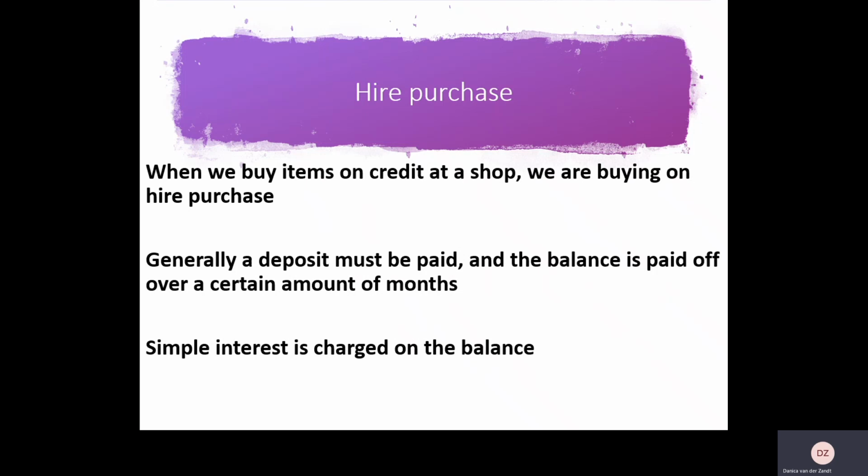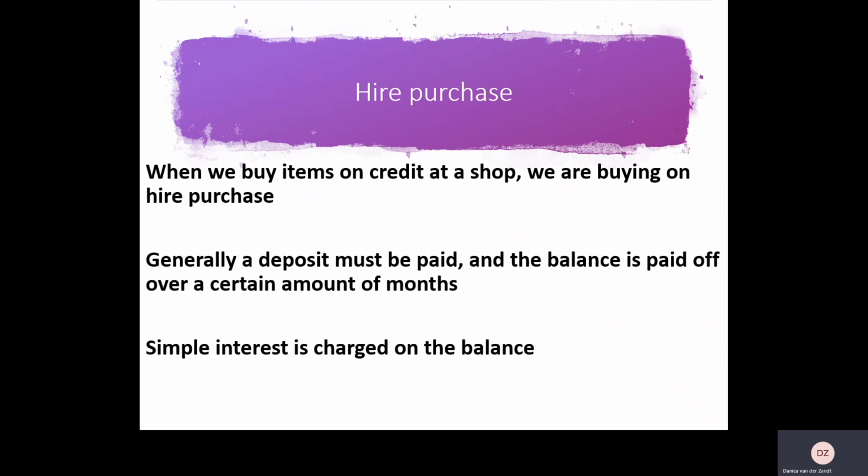And then the balance, what is still left on that product, is taken on a loan, over a certain number of months. It's normally 24, 36 months. And the very important part, which I'll never tell you in a test, is that hire purchase follows a simple interest calculation.